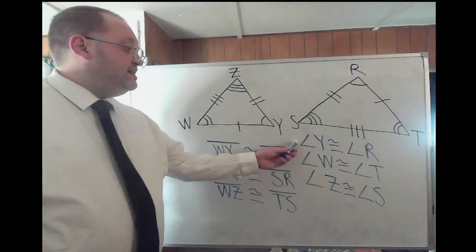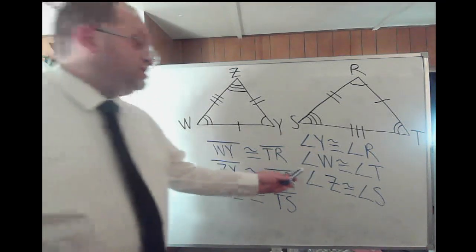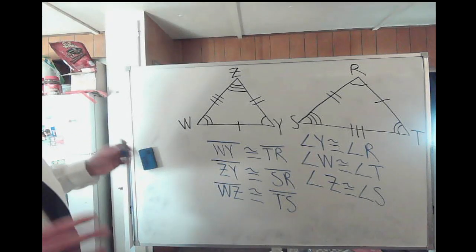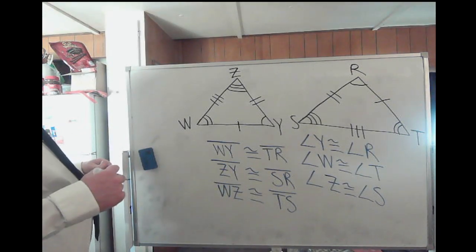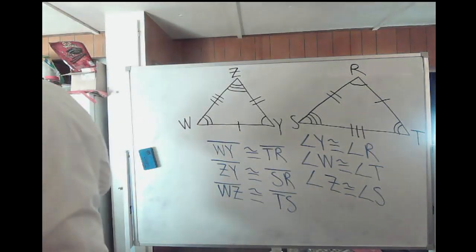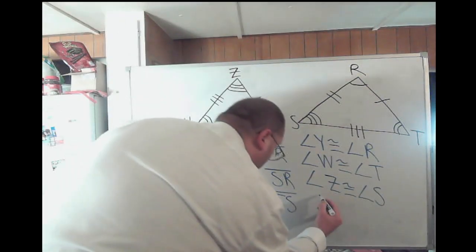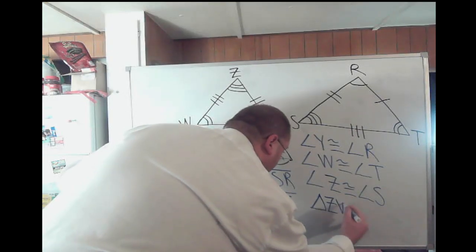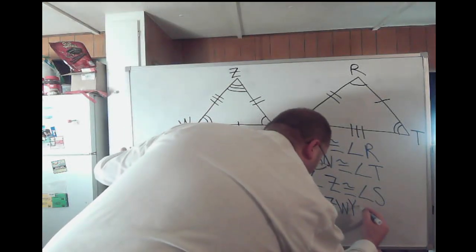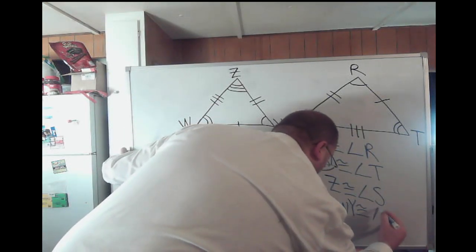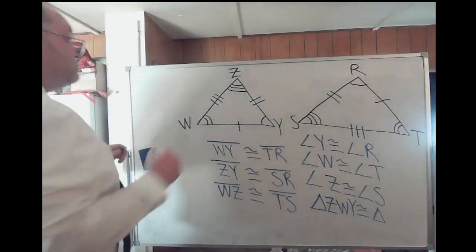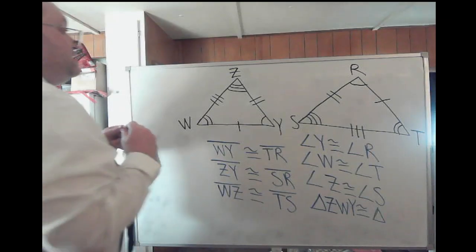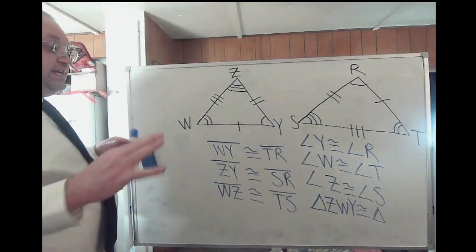So anyway, we've identified the three congruent angles also, as well as the three congruent sides. Now we need to identify the congruent triangles. We have triangle ZWY is congruent to triangle what? So we want to start in the same place for the other triangle.